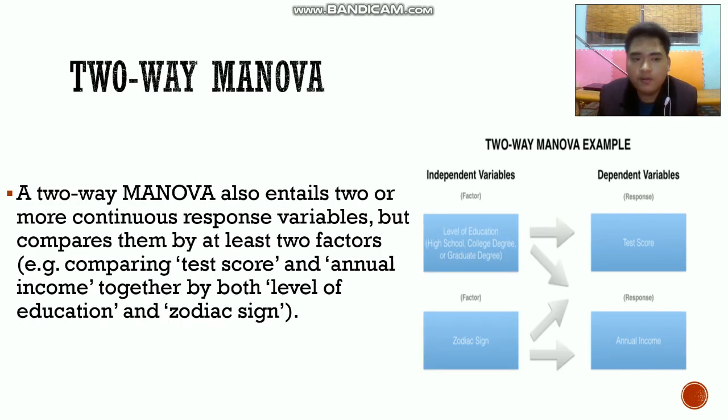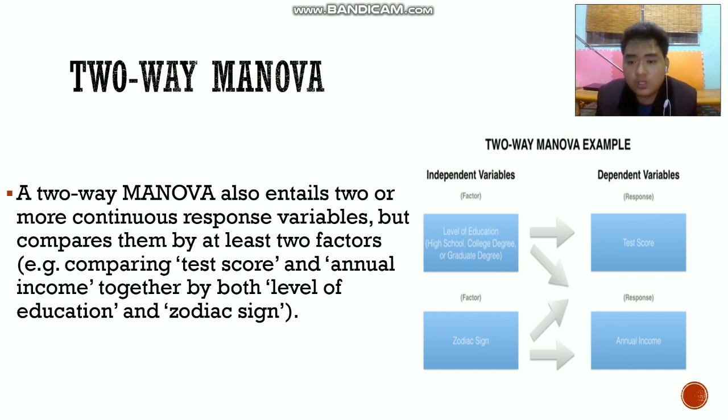Next type of MANOVA is the two-way MANOVA. A two-way MANOVA also entails two or more continuous response variables, but compares them by at least two factors. An example is comparing test score and annual income together by both level of education and zodiac sign.